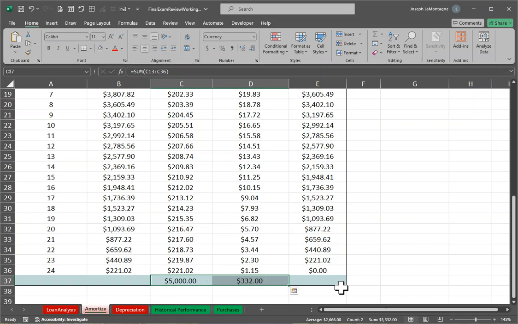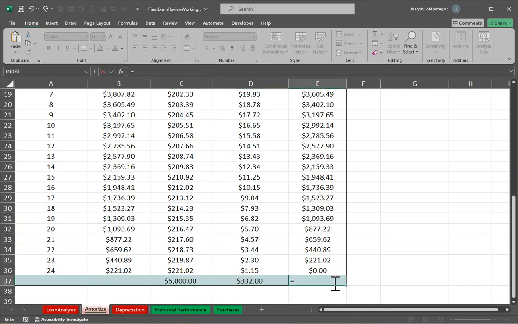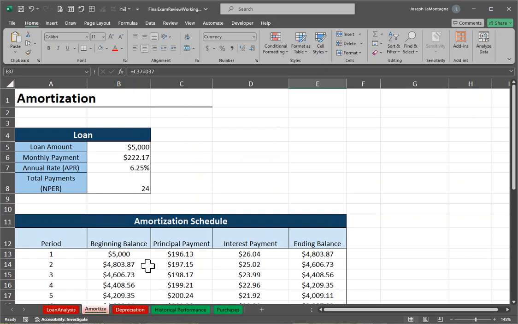So if we center that, and then just to see what the cost of the loan is, we can add these two together. So the loan cost us, with borrowing the $5,000 and paying the interest, $5,332. So that is working with the amortization schedule.